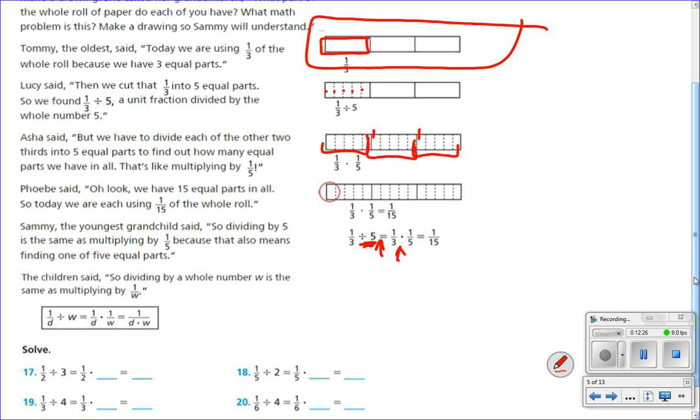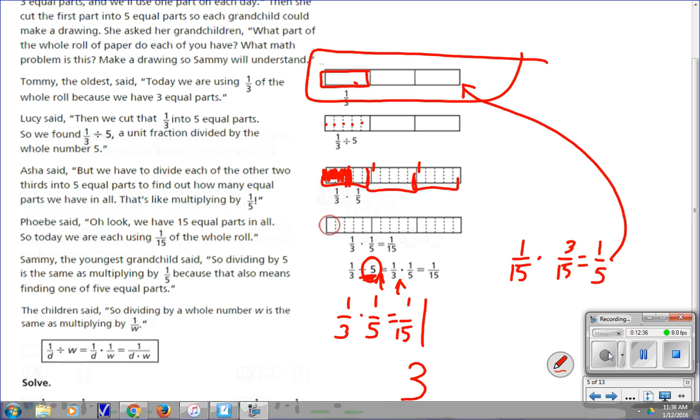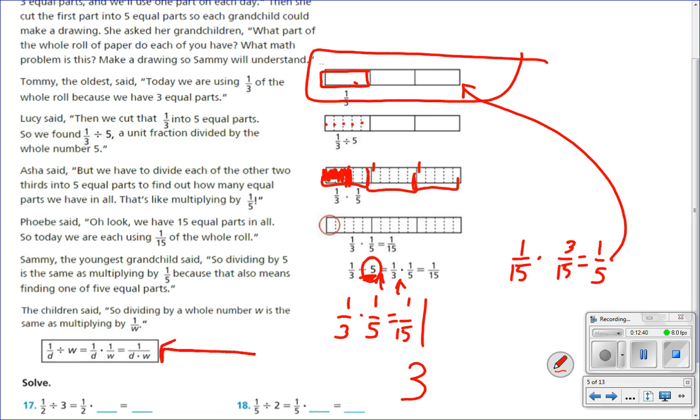I want you to reread that or pause the video and listen to it again, because they really break it down piece by piece for you here. If you were to write anything in your notes, write this, because you'll be able to plug in whatever your whole number and unit fractions are into this algorithm.